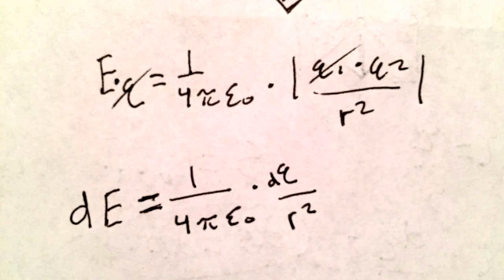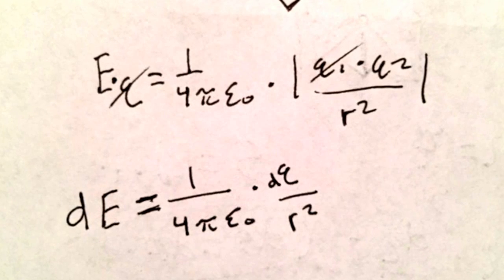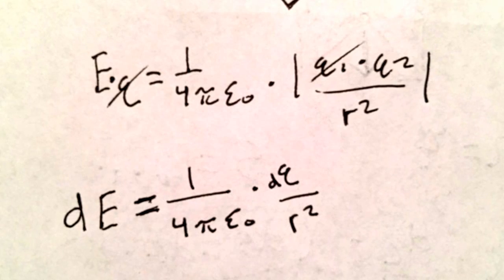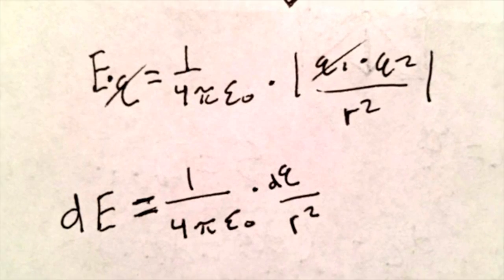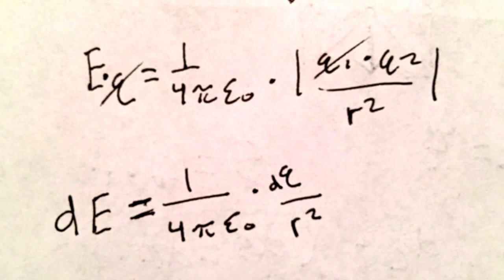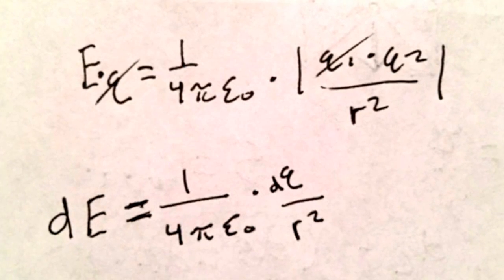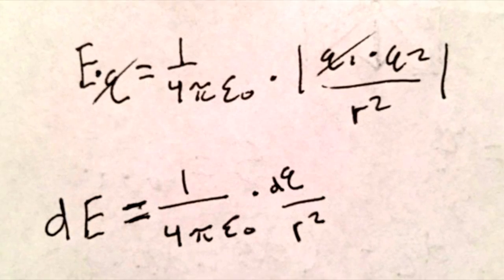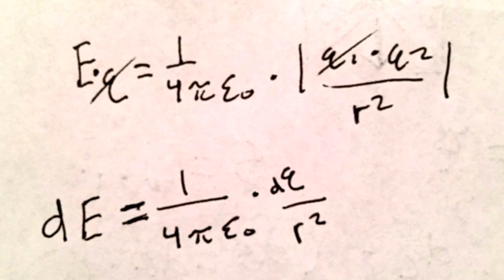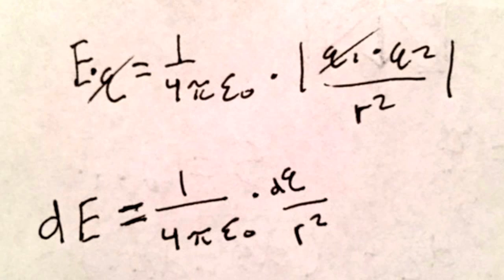By doing so, we ultimately get E equals 1 over 4 pi epsilon naught times Q divided by R squared. When putting this in terms of the variables defined above, we get dE equals 1 over 4 pi epsilon naught times dQ, or the small charge we defined earlier, divided by radius squared.